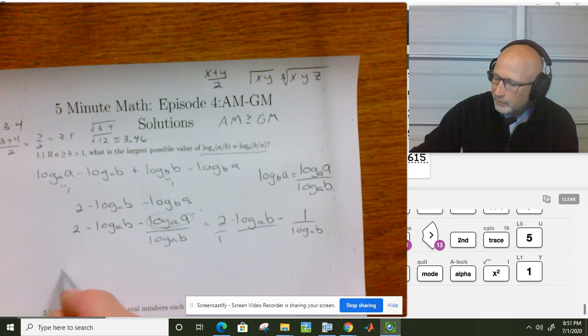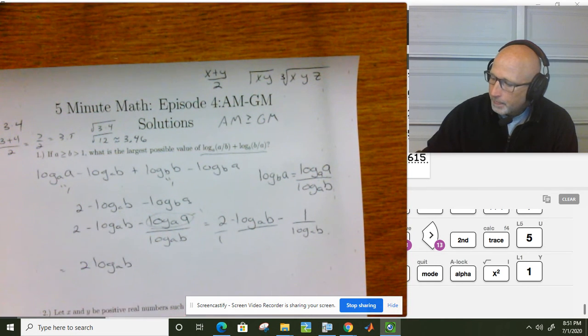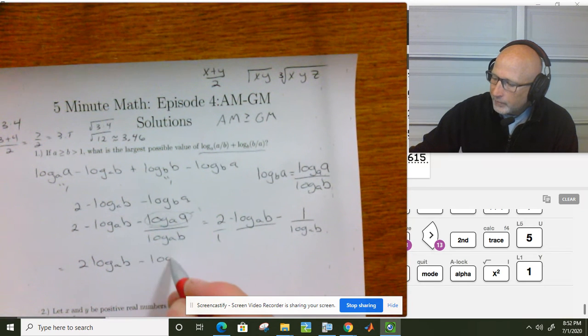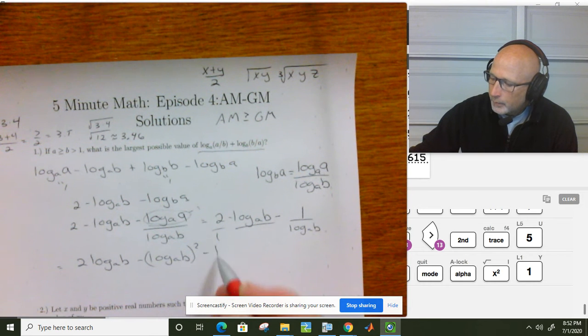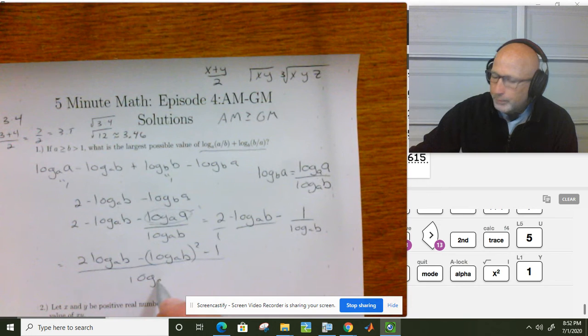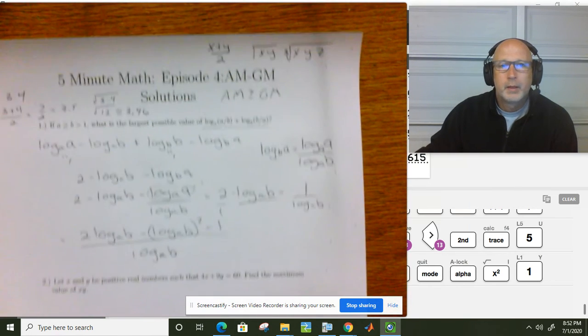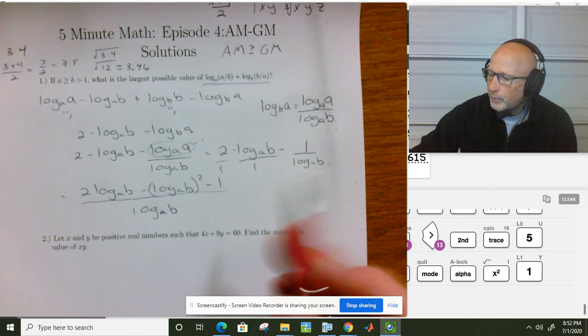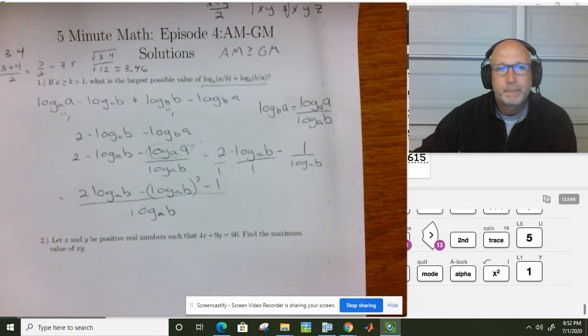So this is going to be 2 log base a of b minus log base a of b squared minus 1 all over log base a of b. Okay, just a common denominator between 1, 1, and log base a of b.